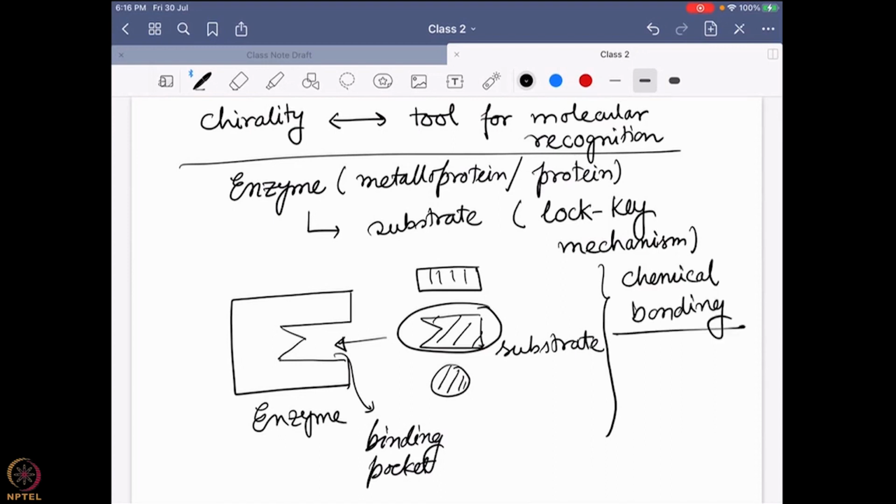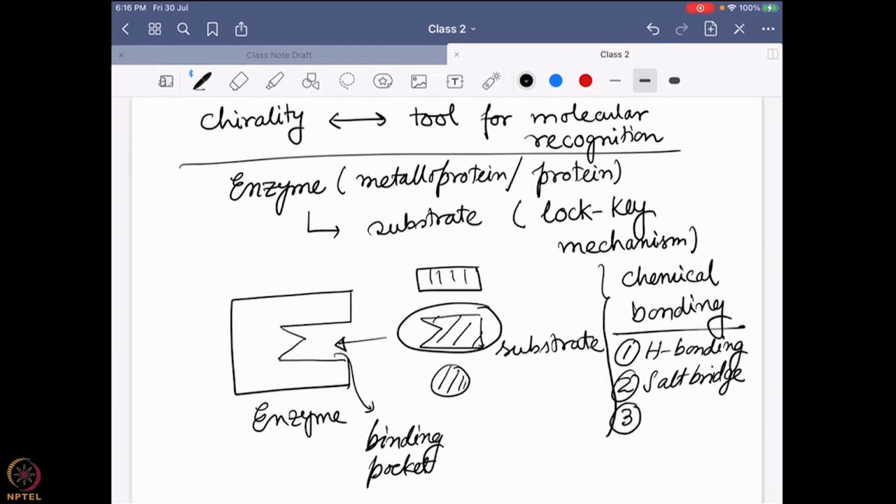What kind of chemical bonding interaction can play a big role over there? Various kinds. Hydrogen bonding. Salt bridge interaction. Salt bridge interaction means there is a positive end on the substrate, negative end on the enzyme, or vice versa. They are going to create some ionic interaction.